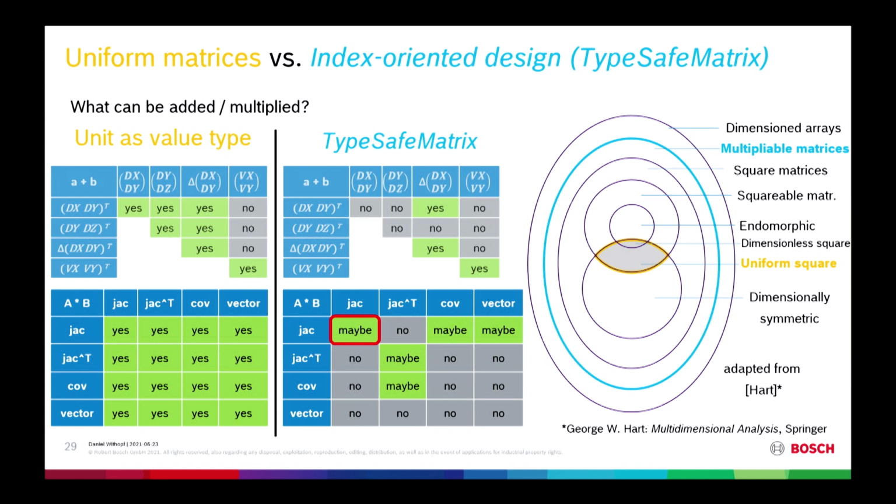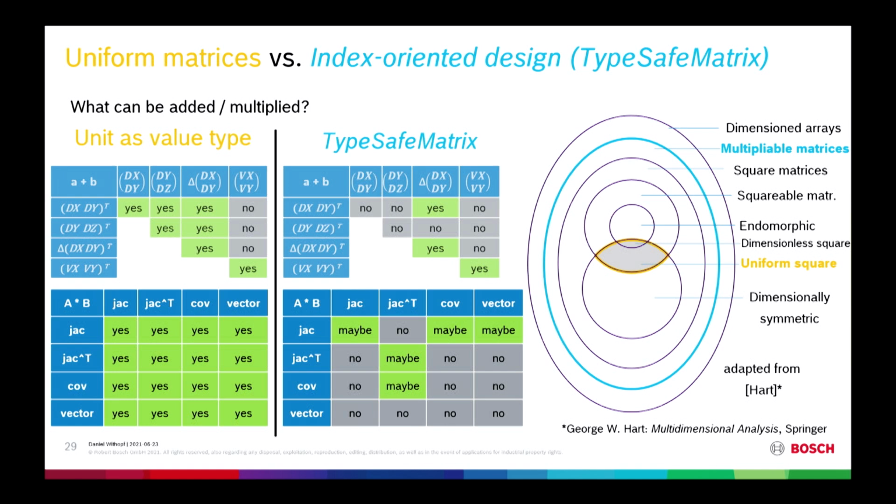If this is the case, then they can be multiplied. Otherwise, it would again be an invalid operation. We can multiply a Jacobian on the left-hand side with a covariance. This is what we've seen earlier. We can also multiply a Jacobian with a vector, or a Jacobian transposed with another transposed Jacobian, or a covariance with a Jacobian transposed.